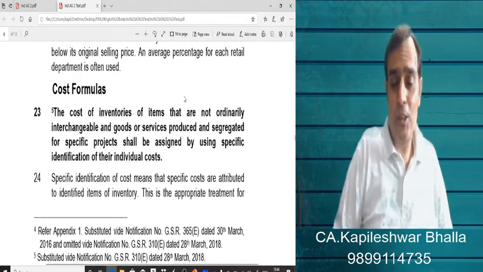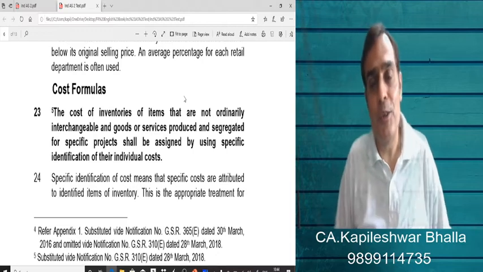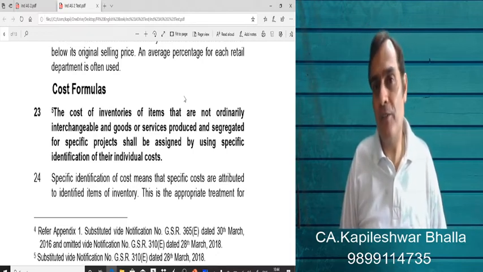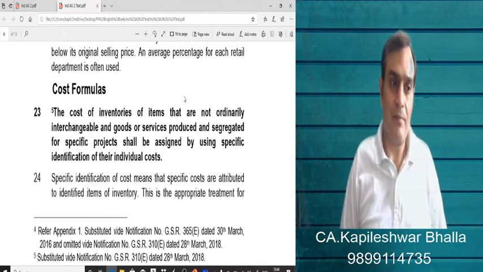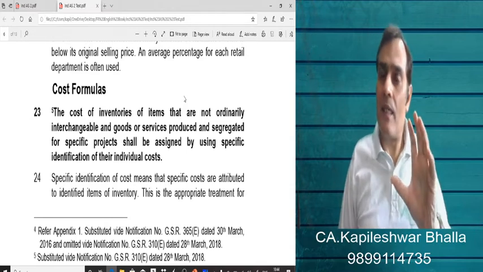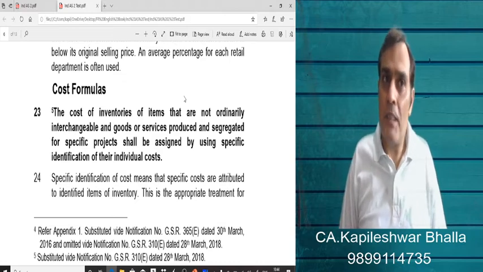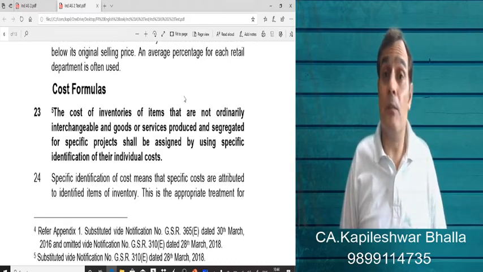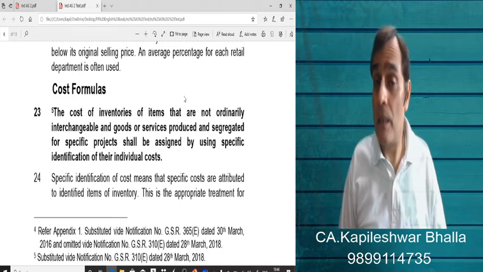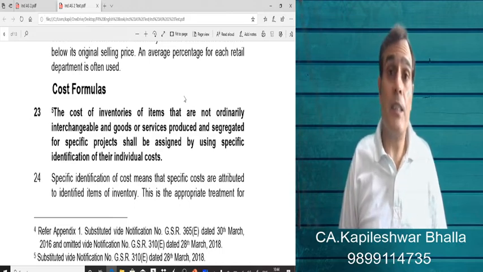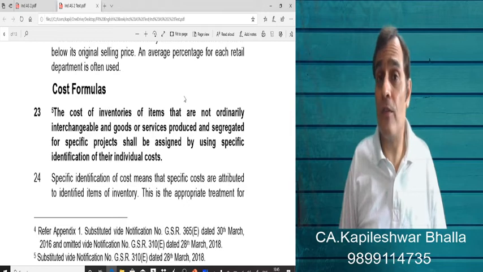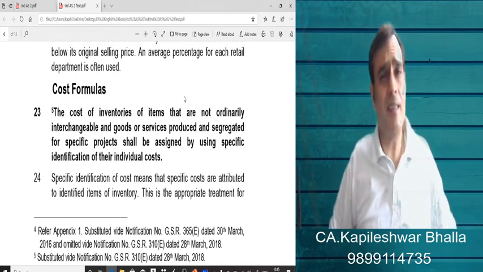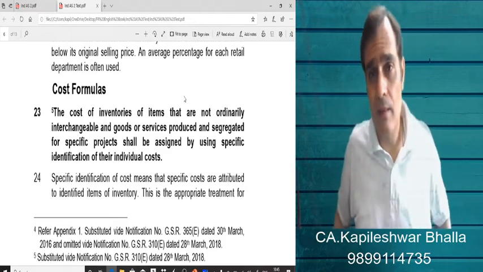Now, I have a small question coming to my mind, and you need to vouch for me very carefully on this. When a company measures the closing stock, is it measured on the basis of the cost incurred, or is it measured on the basis of the cost which should have been incurred? So, can you come again?